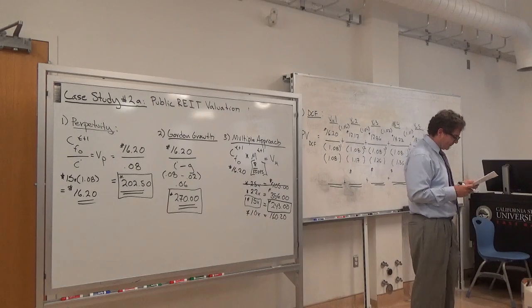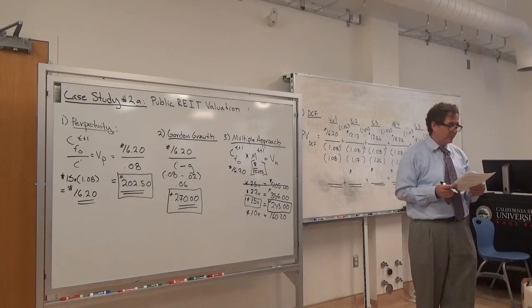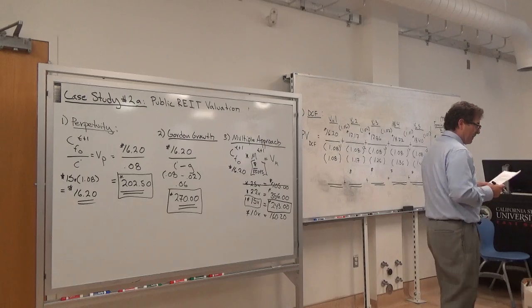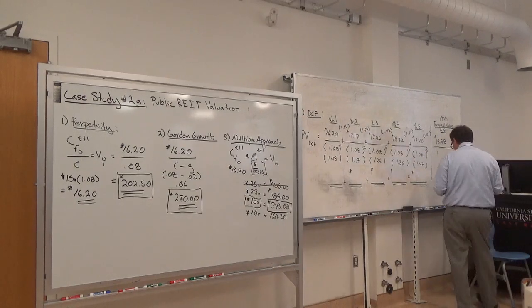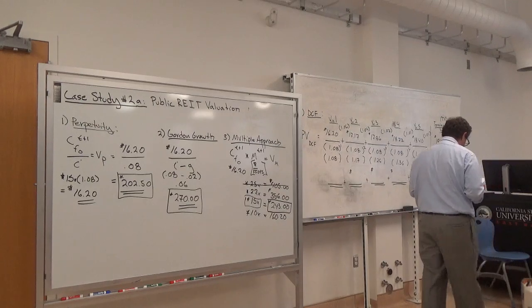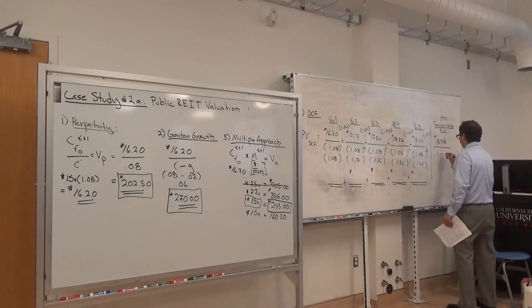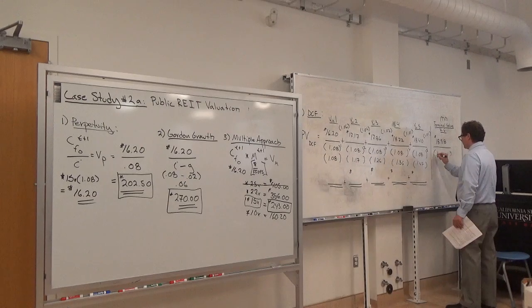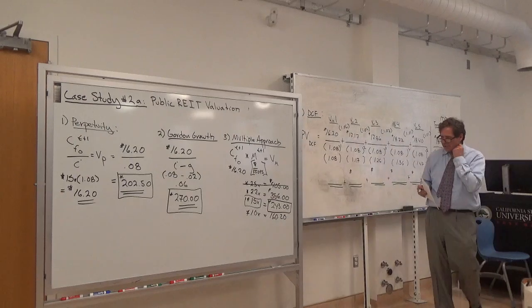Where's that? Expected rate of return terminal equals 13%. We have 10%. Oh, I'm looking at the wrong page. So 10. And then what about the growth rate? What are you going to use? 9%, minus 1%. Minus 0.01. The result is 0.09.